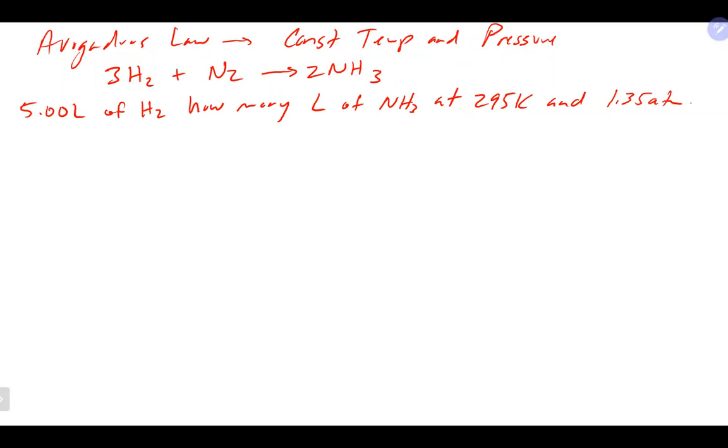So in this particular case, you could really approach it 2 ways. And I think this was an earlier question that was asked as well: when might you need to use the ideal gas law twice? This would be a situation where you could. So we eventually want to get over to NH3. In this case, we have the temperature, we also have the pressure, and we actually have 2 volumes for 2 different gases that we're looking for.